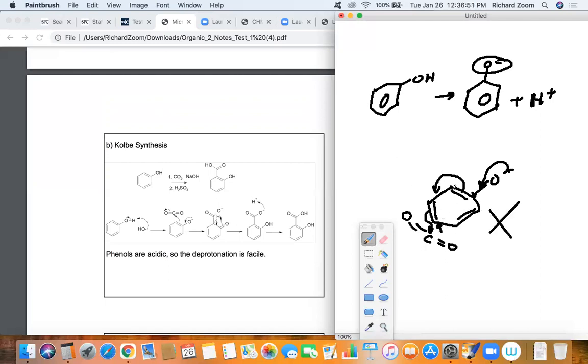And that's because the C here is a lot more negative than the C over here. And it's more negative because of the negative charge of the oxygen that can shift. Well, it's just closer to it. Okay.